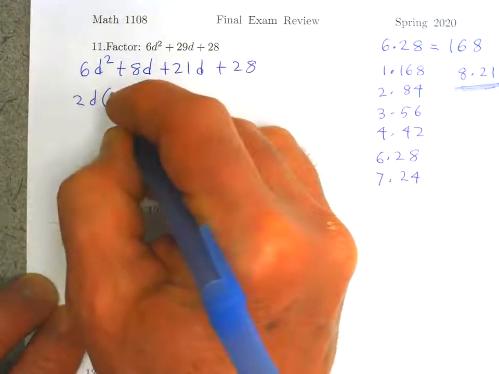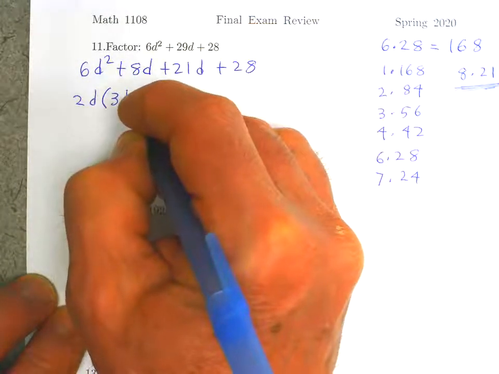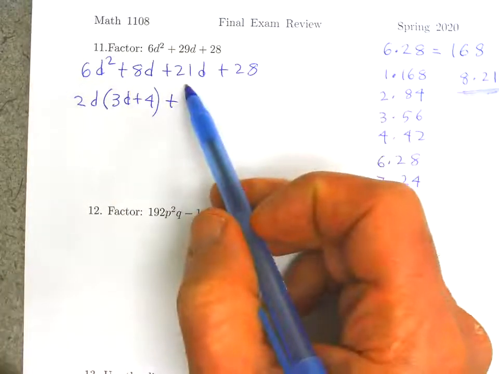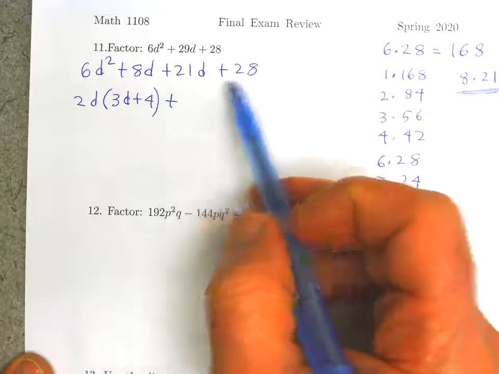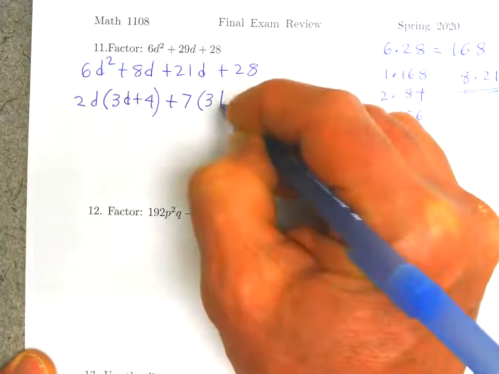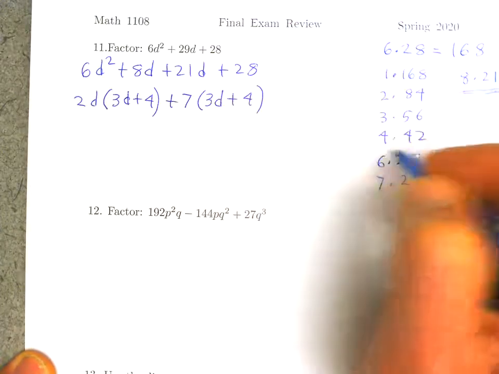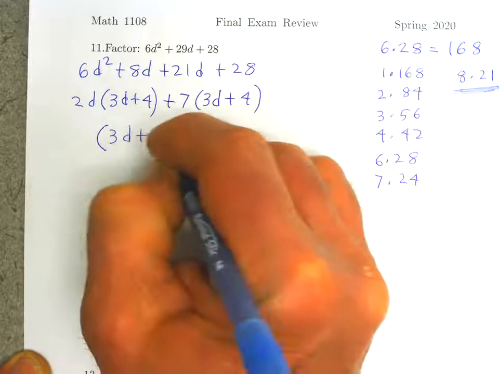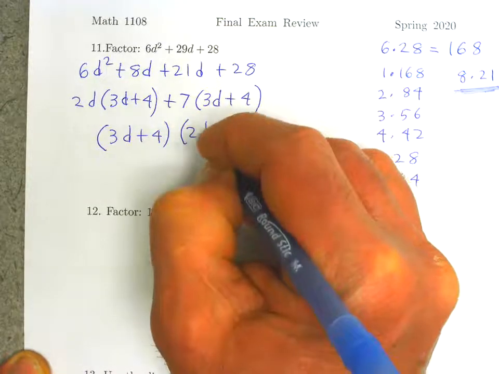And the binomial that stays behind is 3d plus 4. And then out of the third and fourth terms, the greatest common factor is 7. And the binomial 3d plus 4. Okay, then the complete factorization is 3d plus 4 times 2d plus 7.